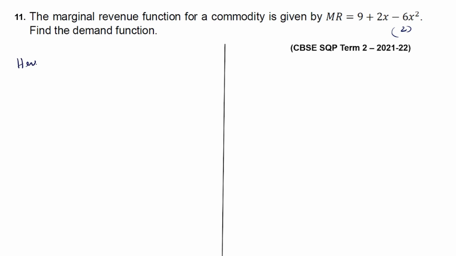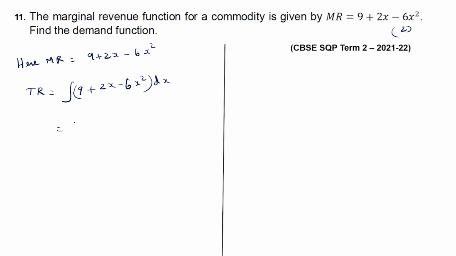So, here marginal revenue is given as 9 plus 2x minus 6x square. From this we can find the total revenue as integral of this marginal revenue. So, it is integral of 9 plus 2x minus 6x square dx.